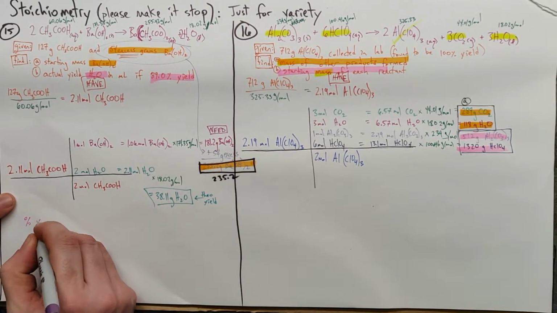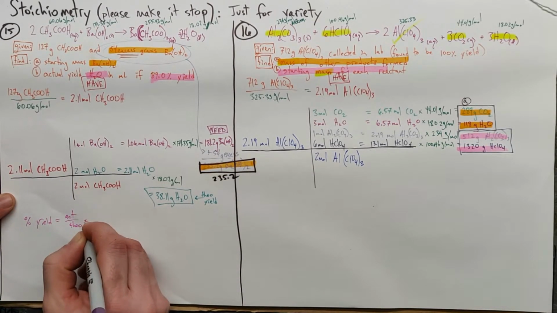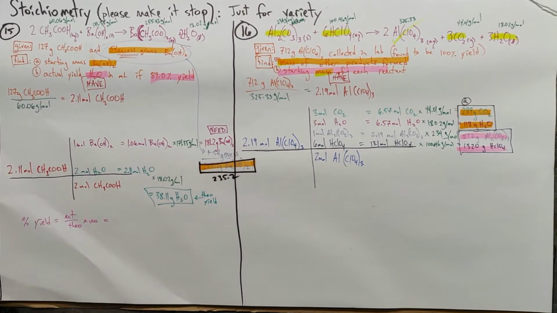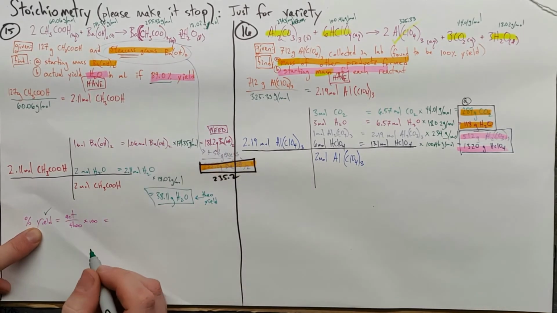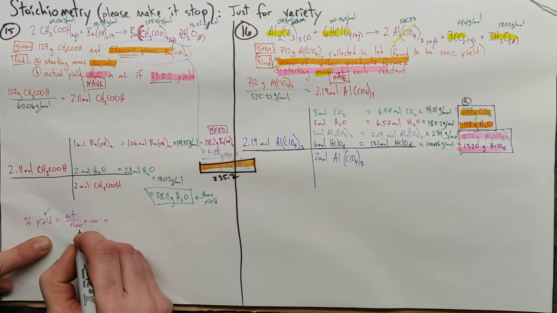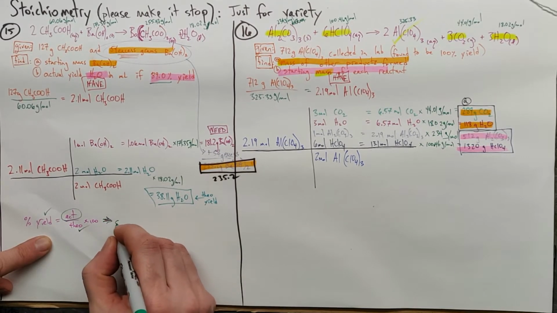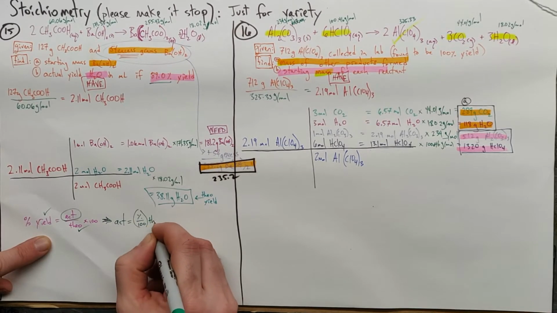We know percent yield is supposed to be the actual, right, over the theoretical times 100. In this case, we're going to use that as a checklist. I know the percent yield. It is 89.0%. I know the theoretical yield, and I want to find the actual yield. So the actual yield is going to be the percent over 100 times our theoretical yield.